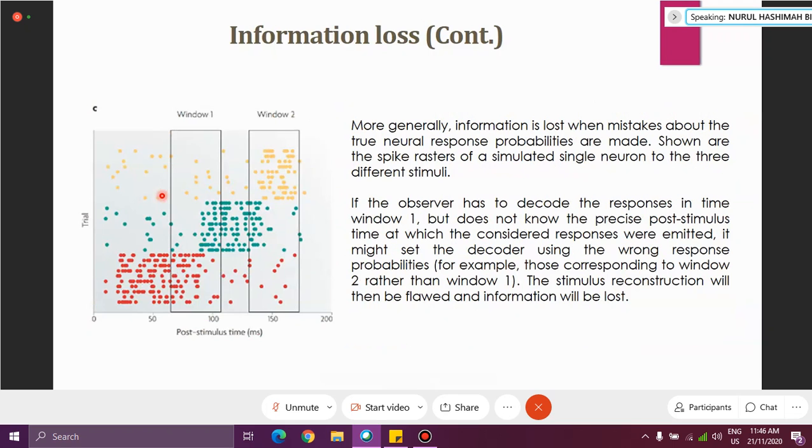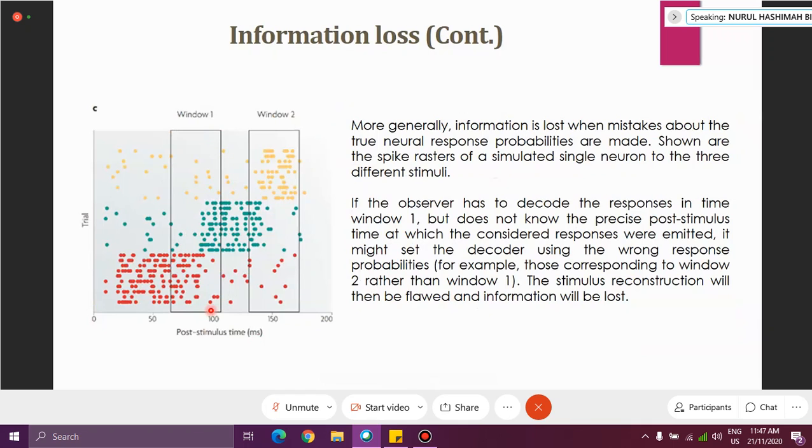More generally, information is lost when mistakes about the neural response probabilities are made. Here are the spike rasters of a simulated single neuron responding to the three different stimuli. If the observer has to decode the response in time window 1, but does not know the precise post-stimulus time at which the considered response was emitted, it might set the decoder using the wrong response probabilities, for example those corresponding to window 2 rather than window 1.